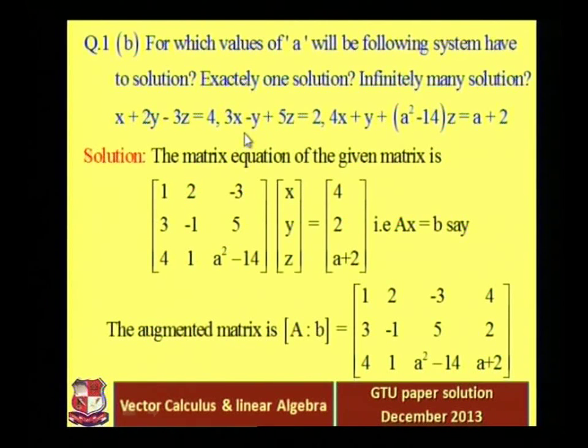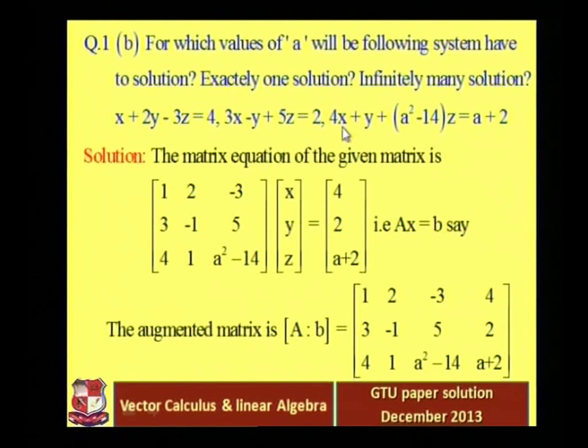Similarly, the second row is coming from the second equation, that is 3, minus 1, 5. Exactly the coefficients of x, y, z are 3, minus 1, 5, right? So we are arranging these coefficients in matrix form using this method.